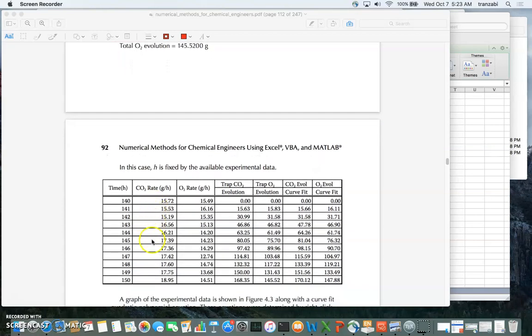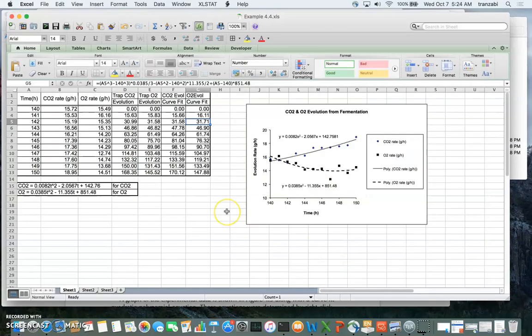So if you have the rate, then we can go ahead and integrate this column with respect to time and this column with respect to time. That gives us the total mass of CO2 produced and oxygen adsorbed to the surface. Okay, so we create a table like this.